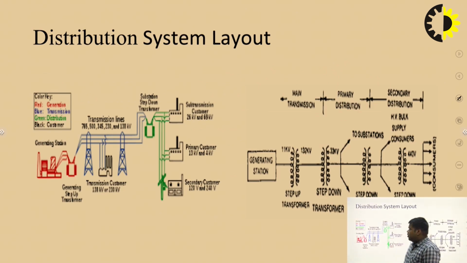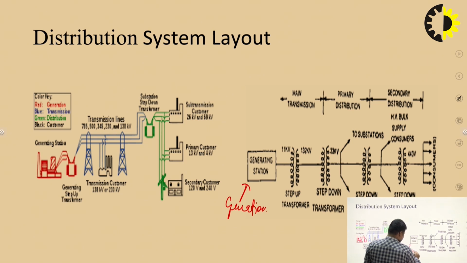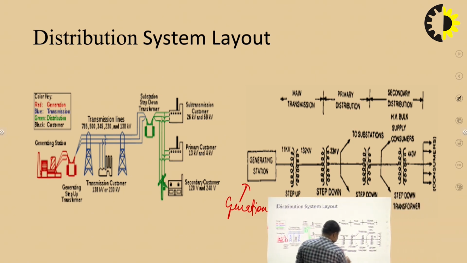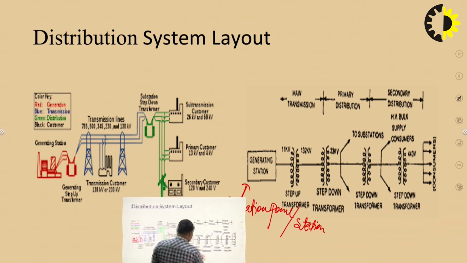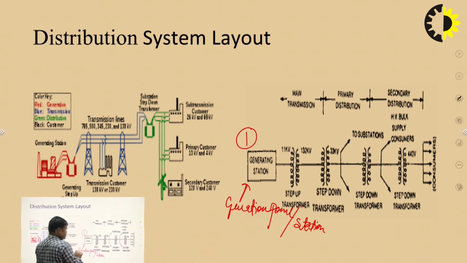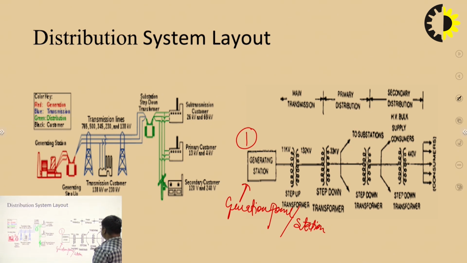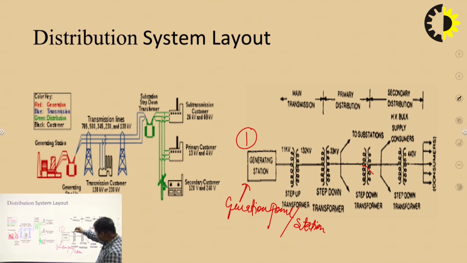If I talk about the layout and the complete system of the distribution network, we can easily see the first one is the generation point, or we call it the generating station, and this part is the step up transformer.